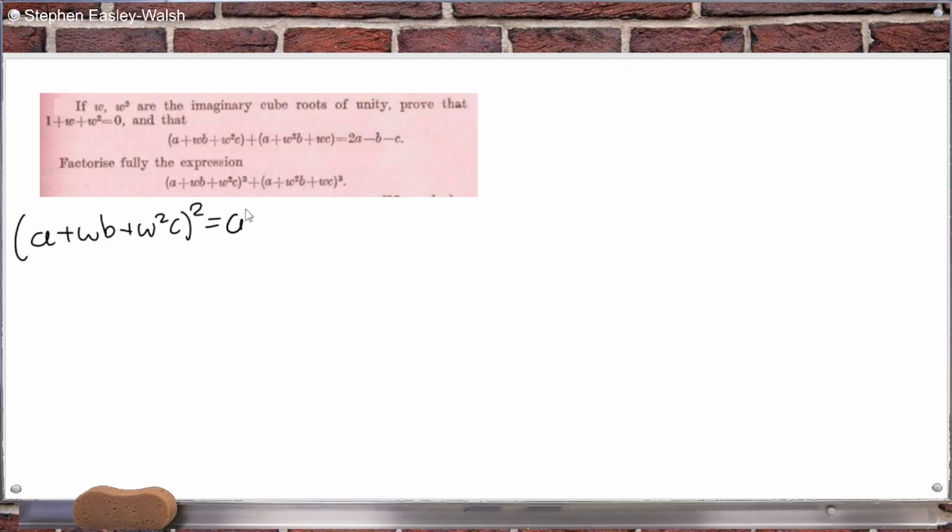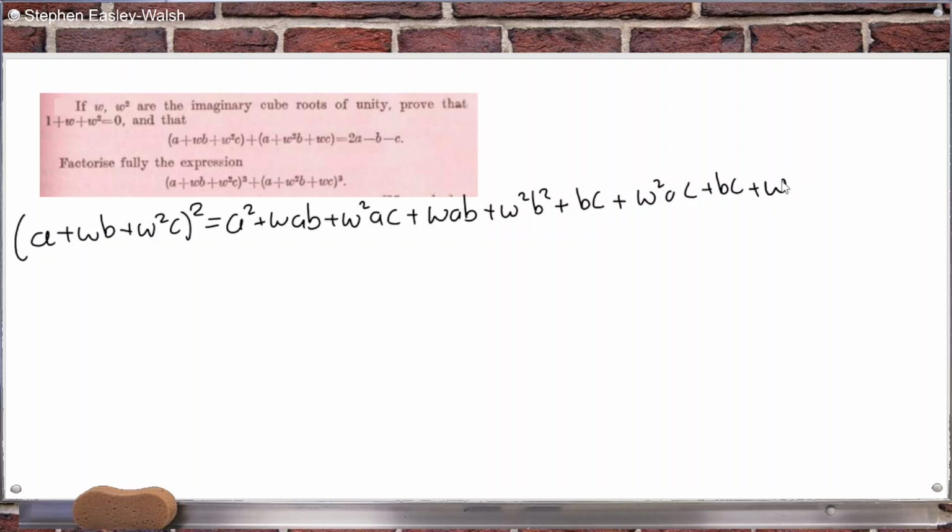So that's a squared plus omega ab plus omega squared ac plus omega ab plus omega squared b squared plus omega cubed, which is 1, bc plus omega squared ac plus omega cubed bc plus omega 4 c squared.